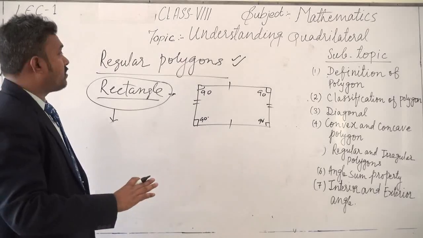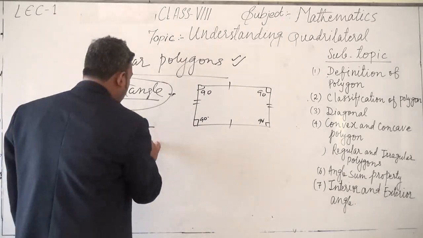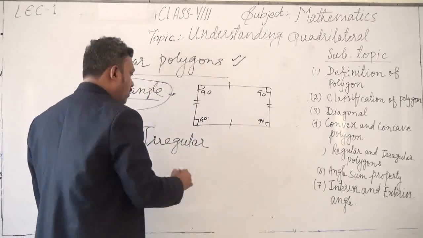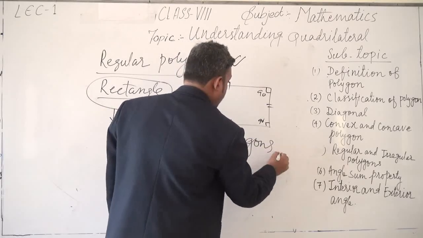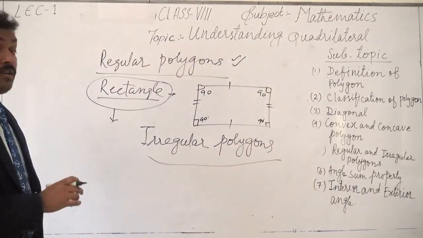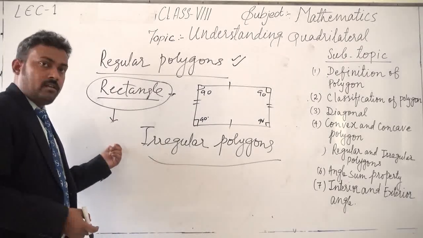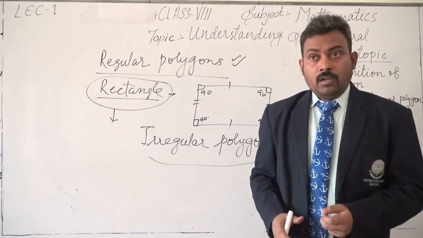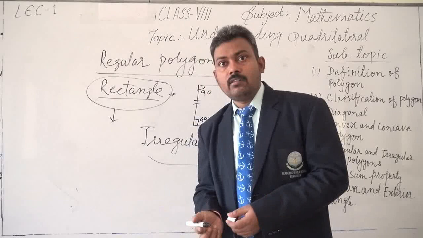A polygon which is not a regular polygon is called an irregular polygon. For example, rectangle, scalene triangle, say kite.